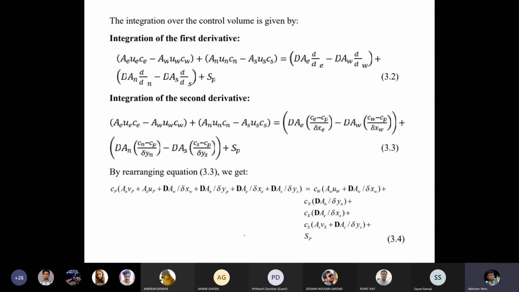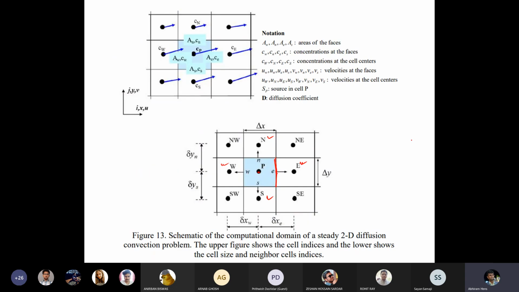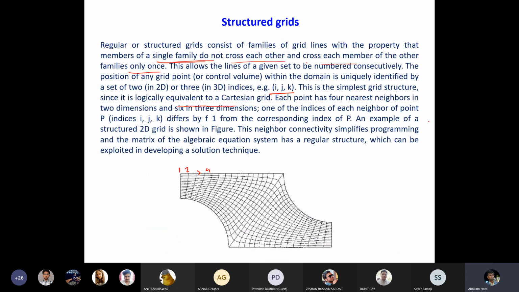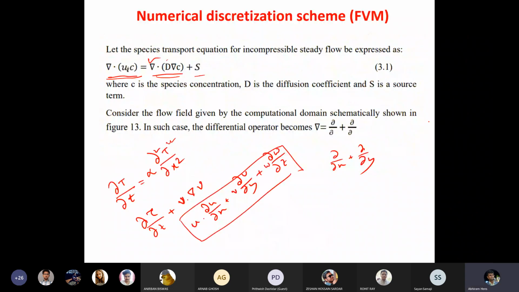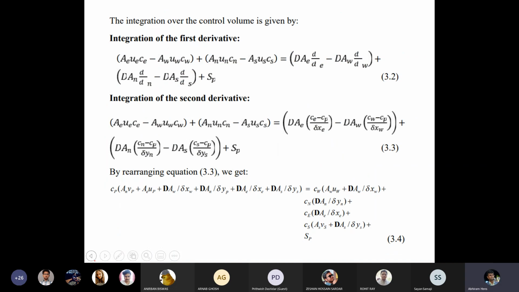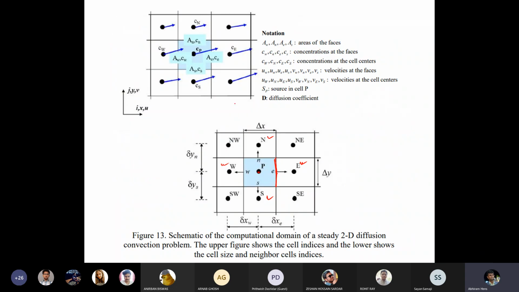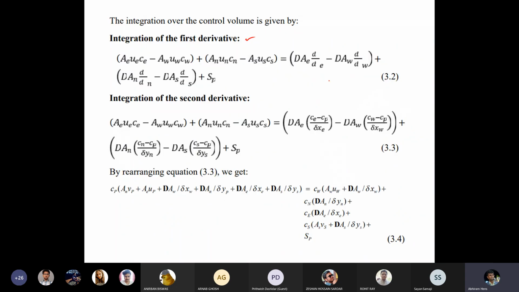But now we need to integrate that convection diffusion equation, and it has a second order differential term, right? Second order means that if you want to get rid of it, you need to integrate two times. So two integrations are needed to get the solution. The integration of the first derivative will give you this one, based on the terms given here in a control volume approach, and this is the integration of the second derivative.